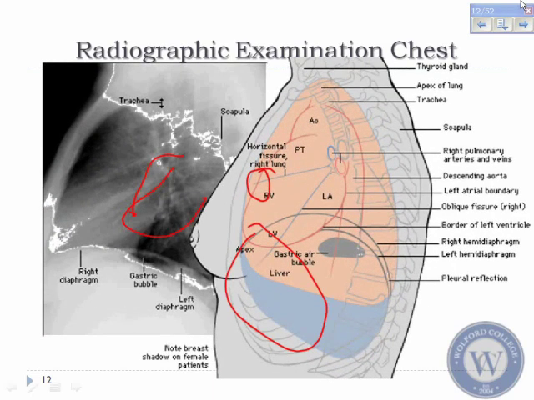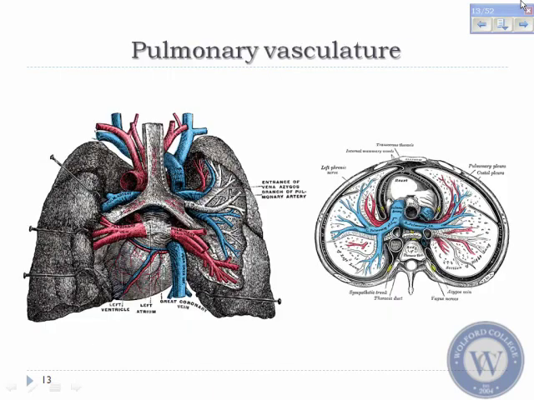It's a nice picture showing you the different structures. The pulmonary vasculature is posterior, it's stable, which means the pulmonary veins don't move. In your chest, it's pretty much a stationary object. The aorta itself, on the other hand, is free floating.